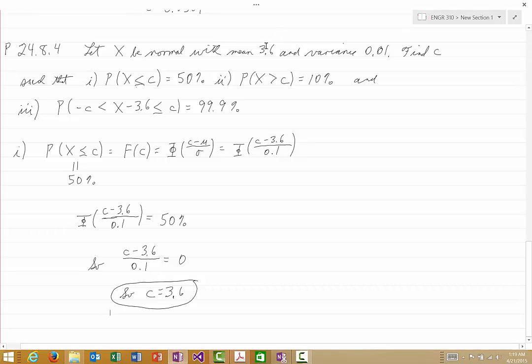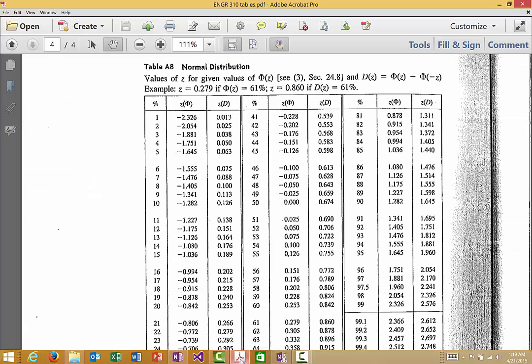So, in other words, the probability that x will be less than or equal to 3.6 is 50%, and therefore that's why C turns out to be exactly equal to the mean here in this first problem, where the probability given is 50%.